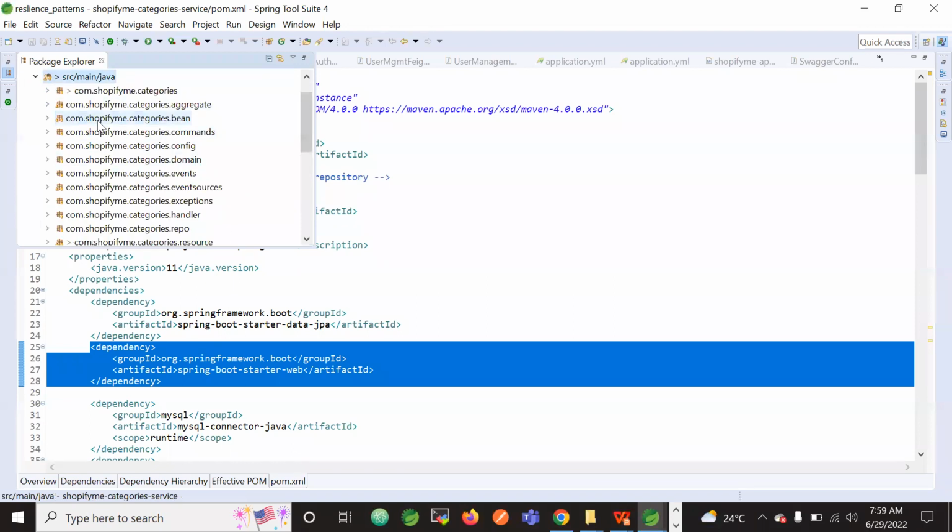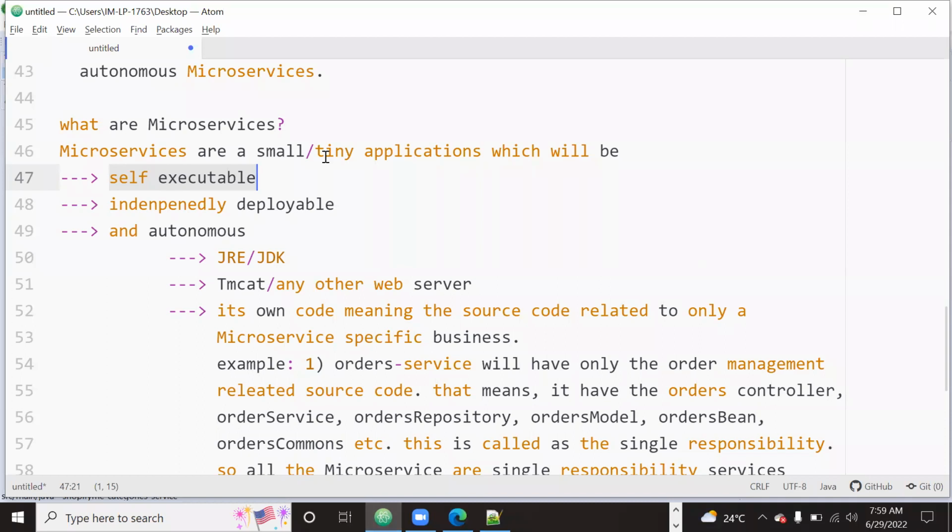So Spring Boot facilitates one of the features of autonomous. That is the reason Spring Boot is the framework most commonly used to implement Java microservices. But we can use any other, for example, Python.